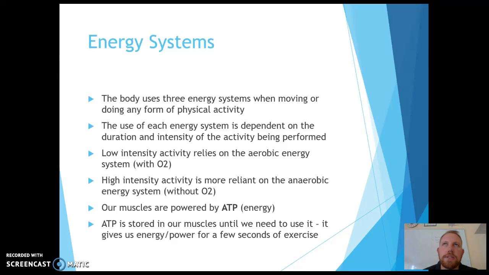The breathing rate, obviously, we've got to breathe in more oxygen to keep up with the demand of the exercise, and then we need to breathe it out to get rid of the carbon dioxide which was created by the muscles. Also, finally, remember that our heart is a muscle and, like any other muscle, it will increase in cross-sectional size when it's been worked very hard or is fatigued.